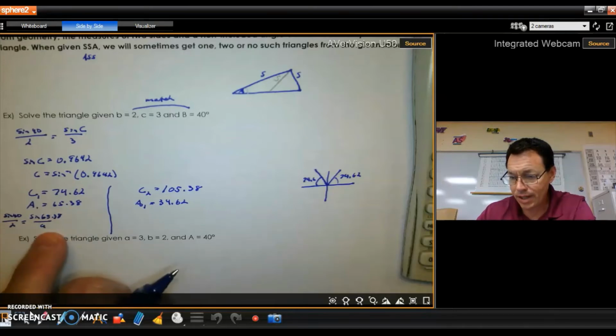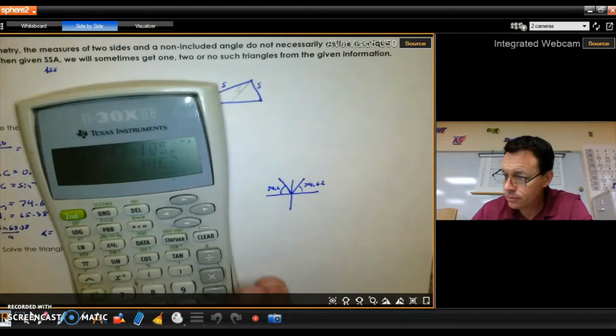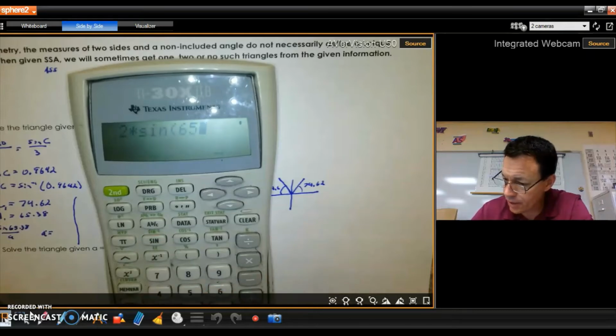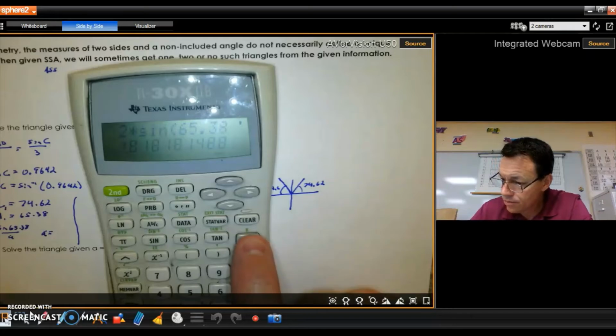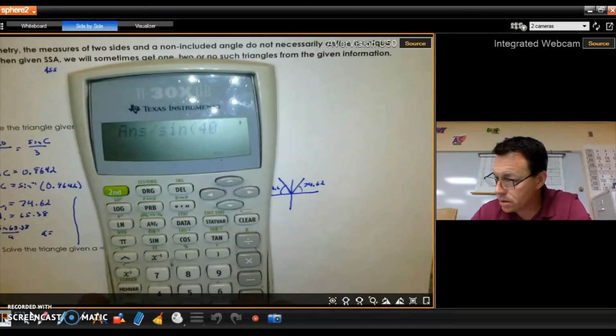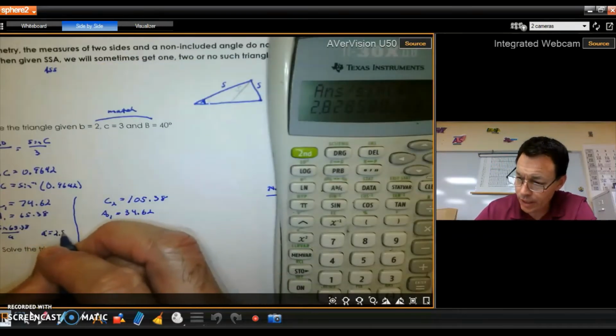Cross multiply and divide and figure out A. So 2 times the sine of 65.38, divided by the sine of 40, equals 2.83. So A could be 2.83.